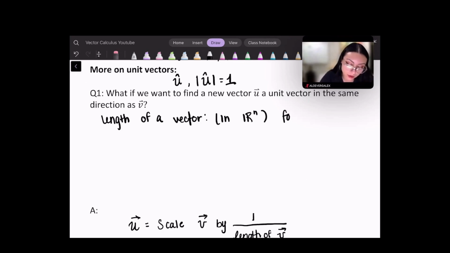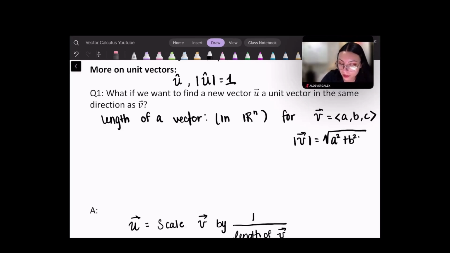So for v equals abc, the length of v is the square root of the sum of its squares, a squared plus b squared plus c squared. And that is what we mean by the length of v. And this is a positive number because you can't take the square root of a sum of positive numbers and somehow get a negative number.